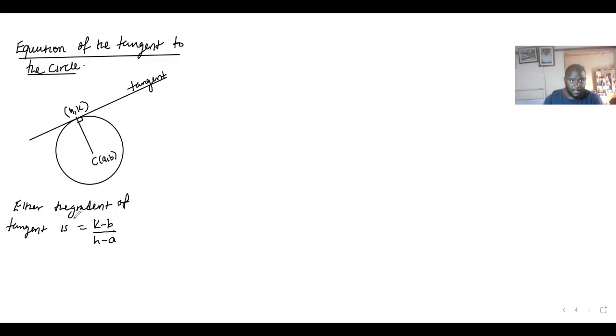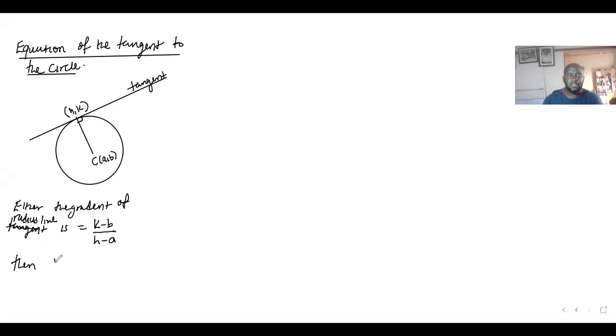Yeah, this could be either the gradient of the tangent, okay. Then, no, this is the gradient of the radius line, not the tangent. Radius line.